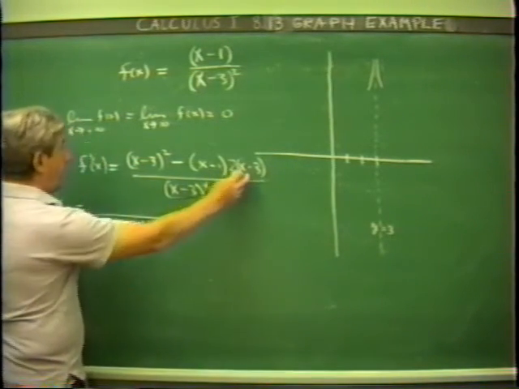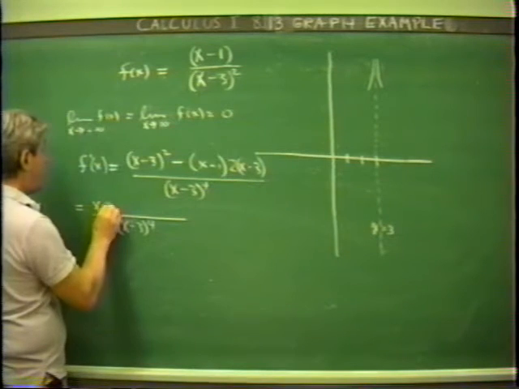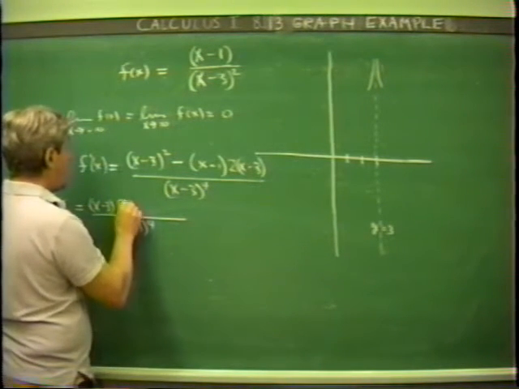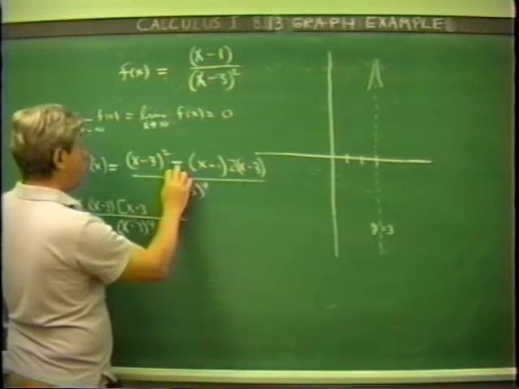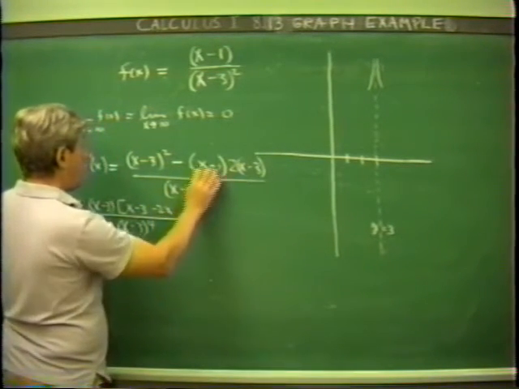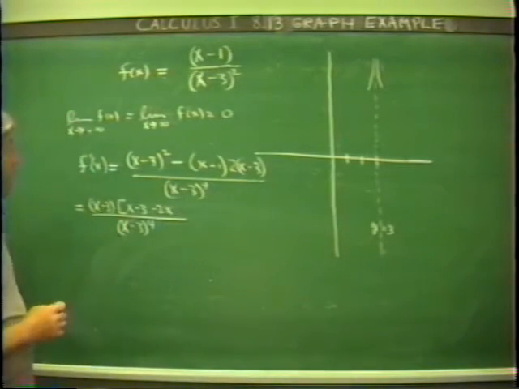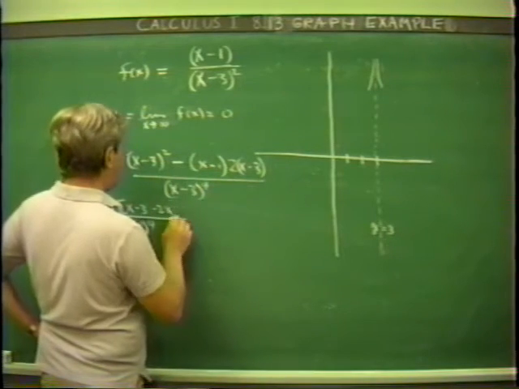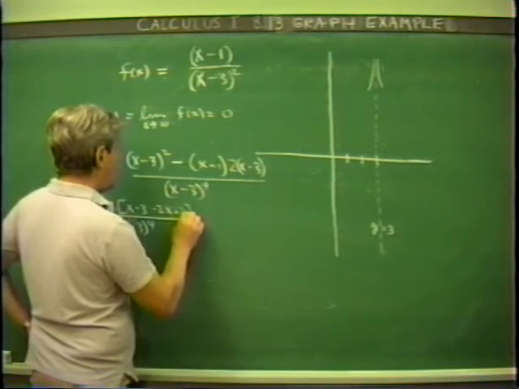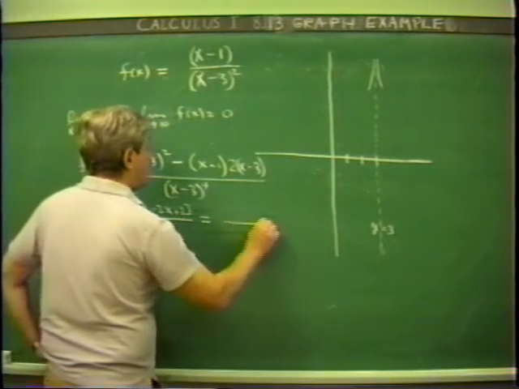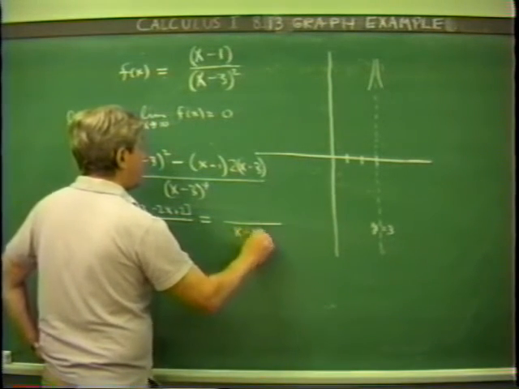Now, here I'm going to keep the x minus 3 to the 4th power in the denominator and rewrite this by factoring x minus 3 out of the numerator: x minus 3 times x minus 3 minus 2x plus 2.